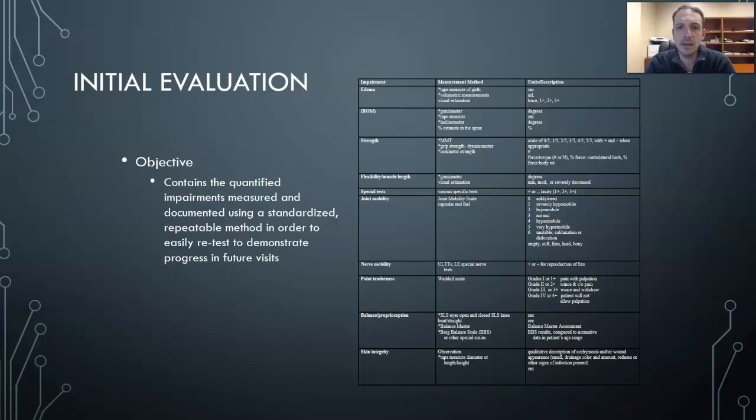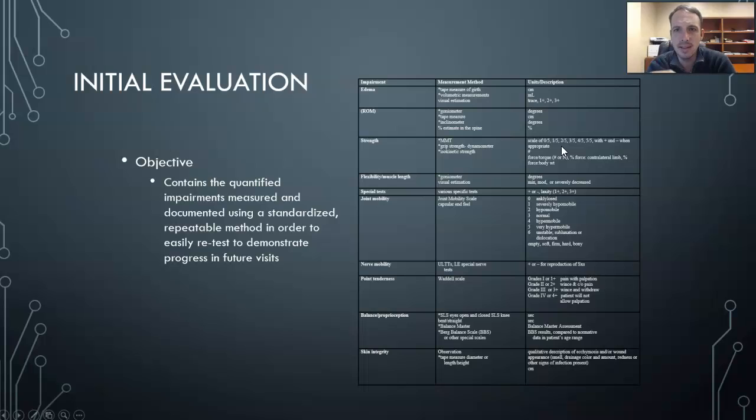As far as the objective components with that, right, this chart here is very important, and you need to be able to memorize everything here and know what these different components are. What does a manual muscle test of 2 out of 5 mean?